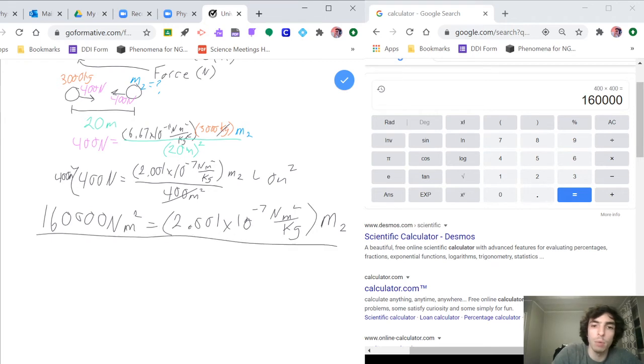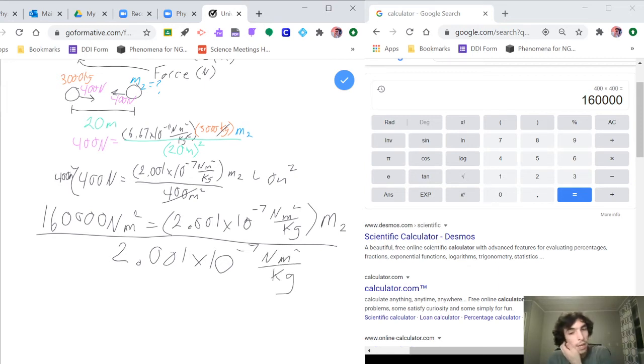So let's divide both sides by that 2.001 times 10 to the negative 7th Newton meters squared per kilogram. And that's going to go away on our right side, right? This 2.001 times 10 to the negative 7th divided by itself is just going to give us 1. So we're just going to be left with 1 times m2.